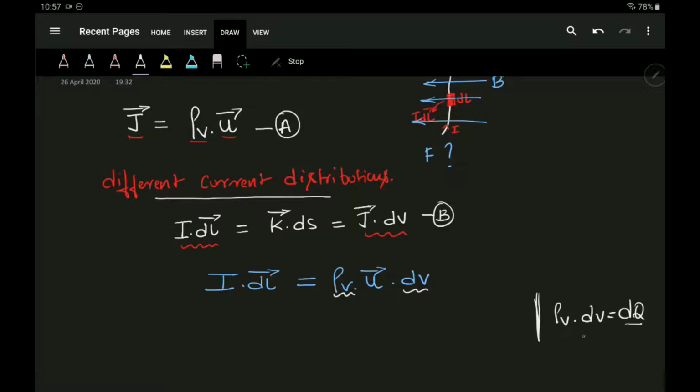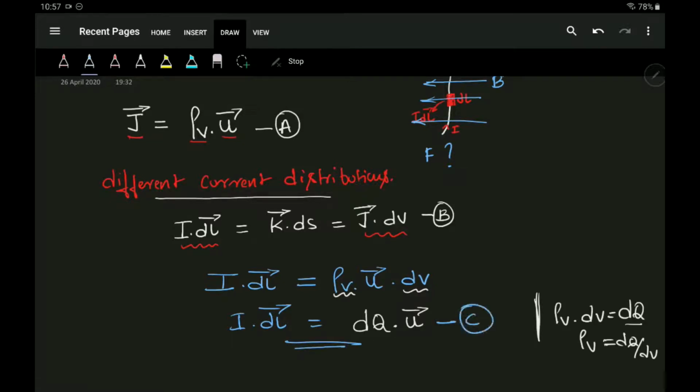Rho v is given by dq over dv, since volume charge density is charge per volume. So I can write the right-hand side as dq times the velocity vector u, which is equal to I dl. I'll call this C.